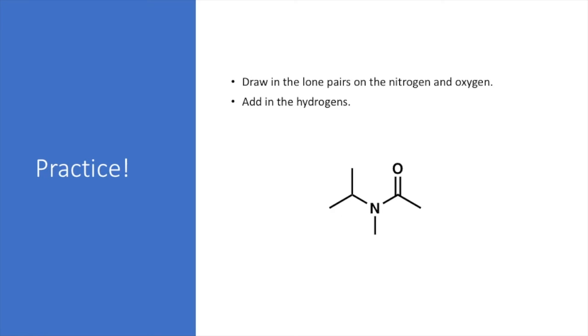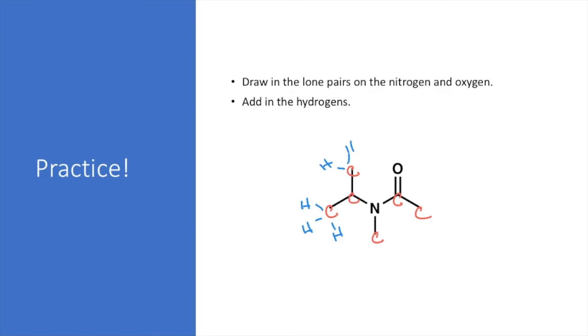So first let me reiterate where the carbons are. They're at each endpoint and intersection. So that's where all my carbons are. I'll go ahead and add in the hydrogens, and then we'll look at the lone pairs. So the carbon on the left has 1 bond to another carbon. So to get to 4 bonds, we need to add in 3 hydrogens.